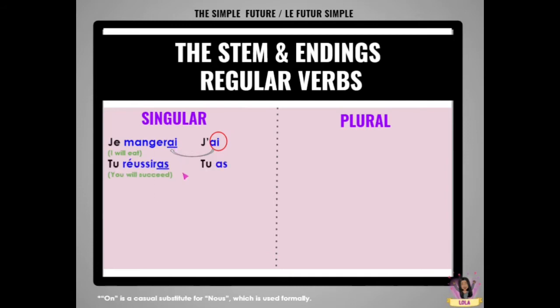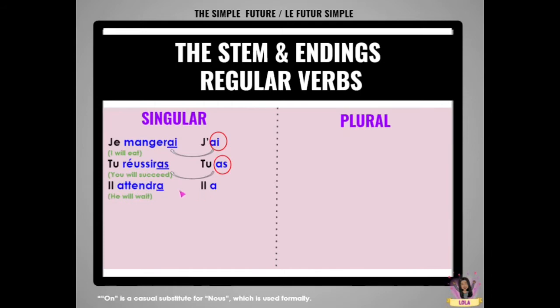The next one is tu réussiras. And again, it's an AS ending. And we can see over here, tu as is a conjugation in the present tense for the verb avoir. So tu as, and here we go, that's an AS ending. Tu réussiras, you will succeed.